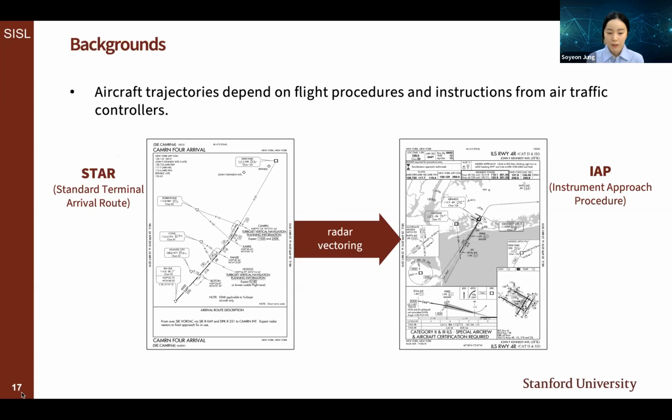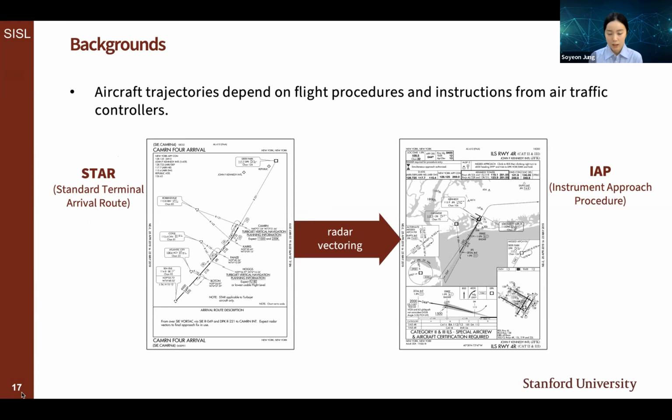For the aircraft flying under instrument flight rules, trajectories depend on a series of standard flight procedures and instructions from air traffic controllers. For example, an arrival aircraft entering the terminal airspace from an air route follows a standard terminal arrival route, or STAR.